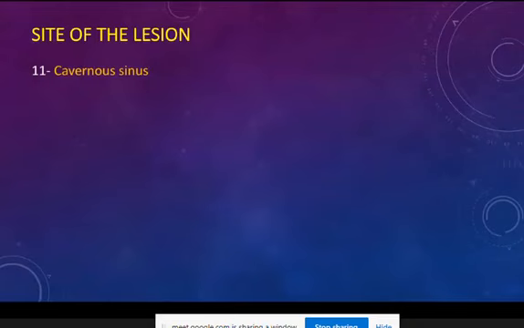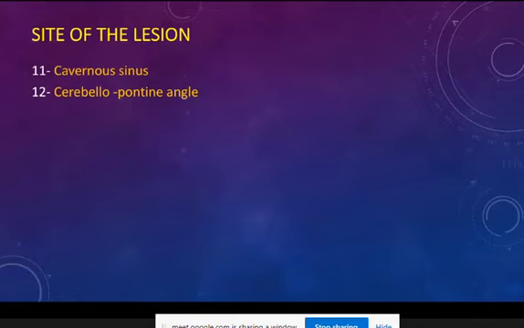So complete ophthalmoplegia, close your eyes, put the lesion in the cavernous sinus, not in the brainstem, unless you have a massive brainstem lesion to affect all three nerves. So cavernous sinus, because the three nerves lie next to each other. But in the brainstem, two nerves are in the midbrain and one nerve in the pons, the sixth nerve in the pons. So cavernous sinus is the site of localization.